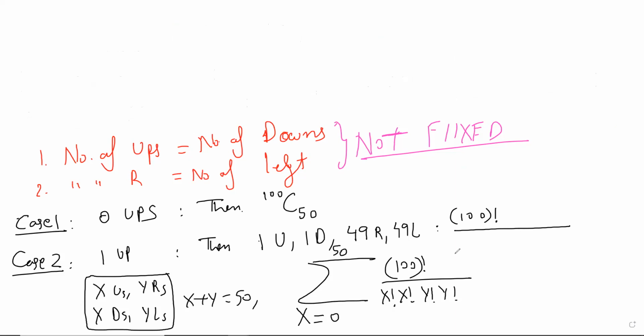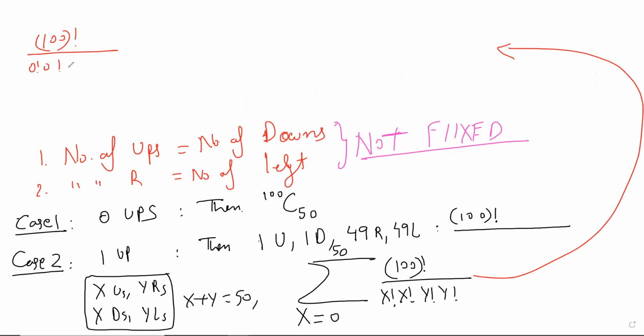Okay, we'll not do that now, but just think about it. Literally what it will come out to be is 100 factorial over, and we already have this one case where it is 50 factorial. This is case one basically. And then when you take 1 factorial, 1 factorial, 49 factorial, 49 factorial, like this and so on, the x will increase, the y will decrease, and x will go to 50.